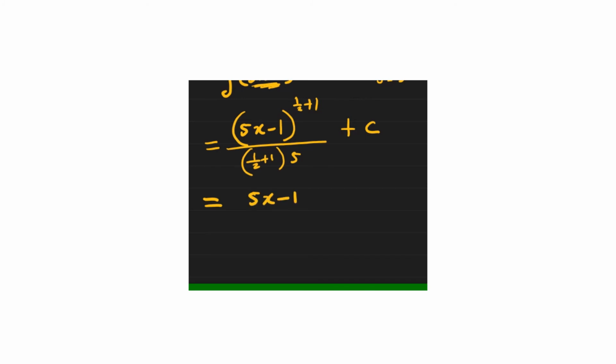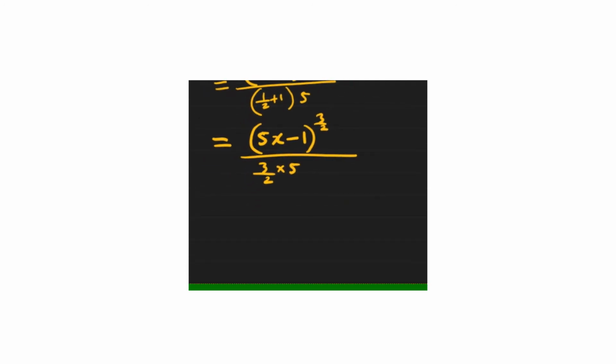This now equals (5x - 1) to the power of 1 over 2 + 1, that gives us 3 over 2, all over 3 over 2 multiplied by 5.